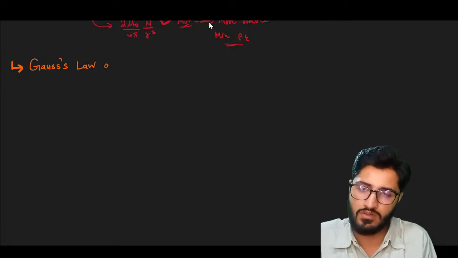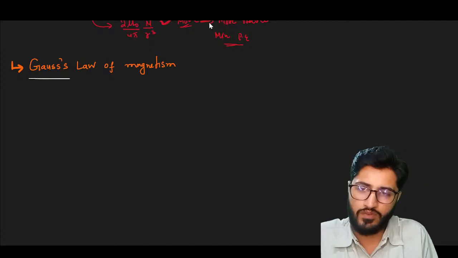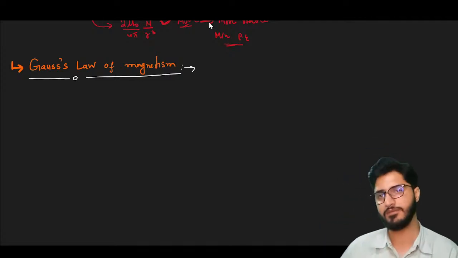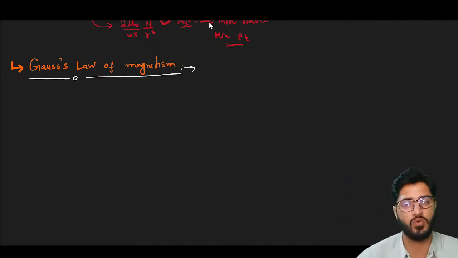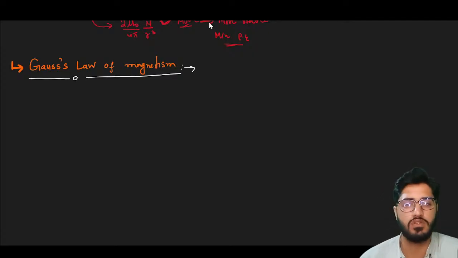And what we know from electrostatics, Gauss's law states that the net flux through any closed Gaussian surface equals the charge enclosed divided by epsilon naught.